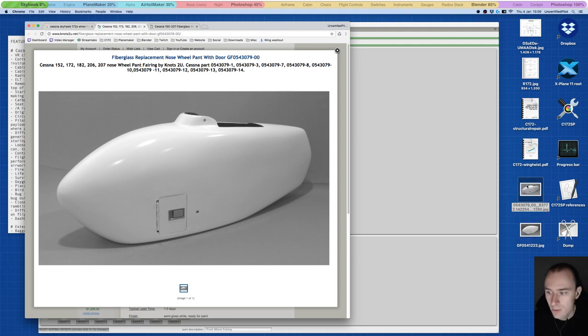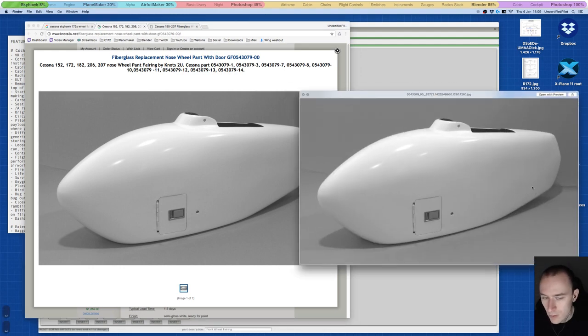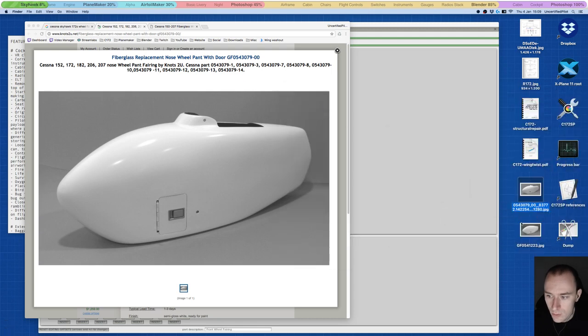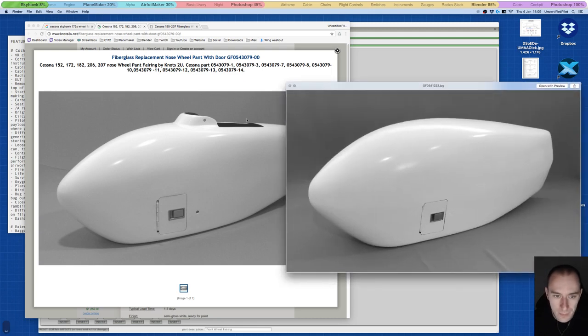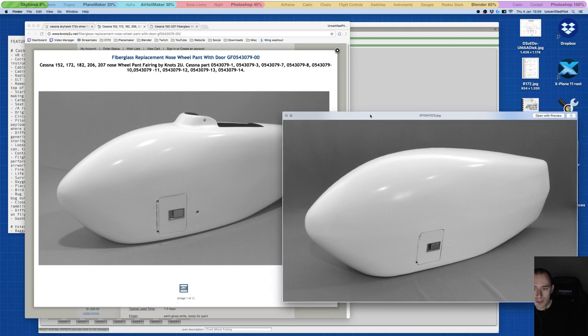Okay, do we see some differences? This is the nose. Well, obviously the strut is here. And again, I would also love to see a front view because we don't know how much curve this is. We do see the side view shape, but from the front we also see how wide it is.